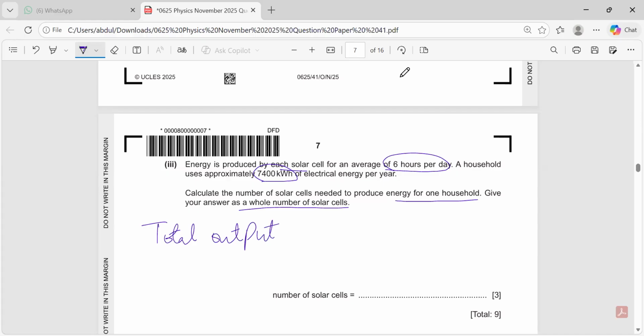Total output power needed in 1 year will be equal to 7,400 kilowatt hour divided by 365 days, and every day how much? 6 hours it is used.